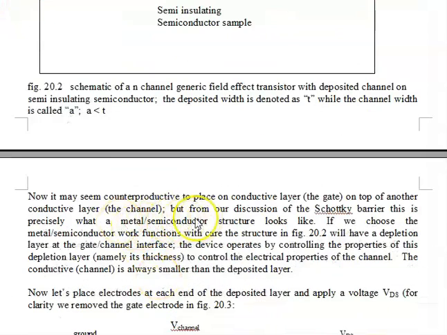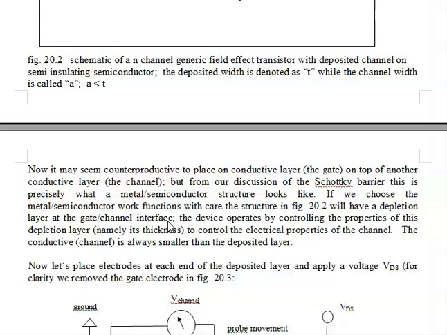And these few sentences basically go over what we just said, that if we deposit an N-type channel conductive layer which is crystalline, and we use gold on top of that, we get a Schottky barrier, and we get a depletion region.